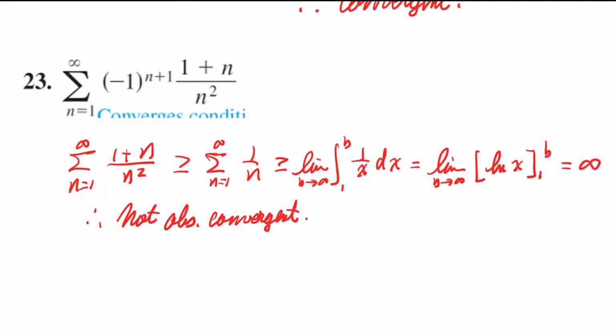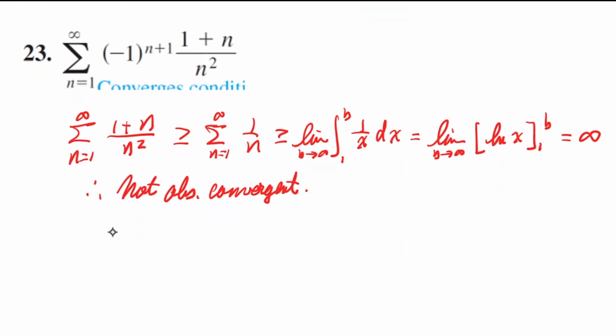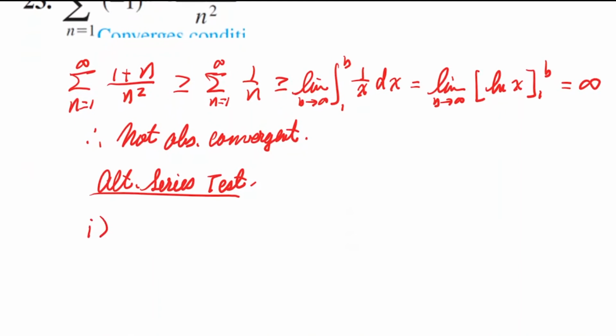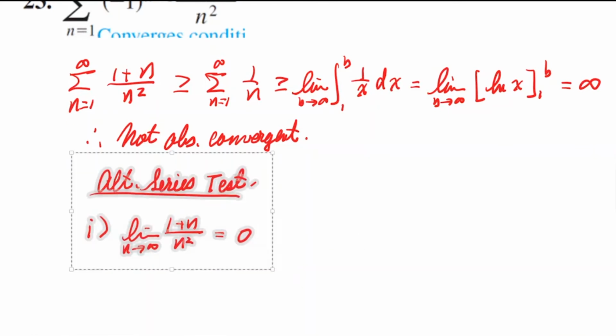Okay, so what we have here is not absolutely convergent. Good. So now we do an alternating series test. Number 1, the limit of the sequence inside, that is dying out to 0, correct? Actually, I'm going to use a different color for the alternating series test.